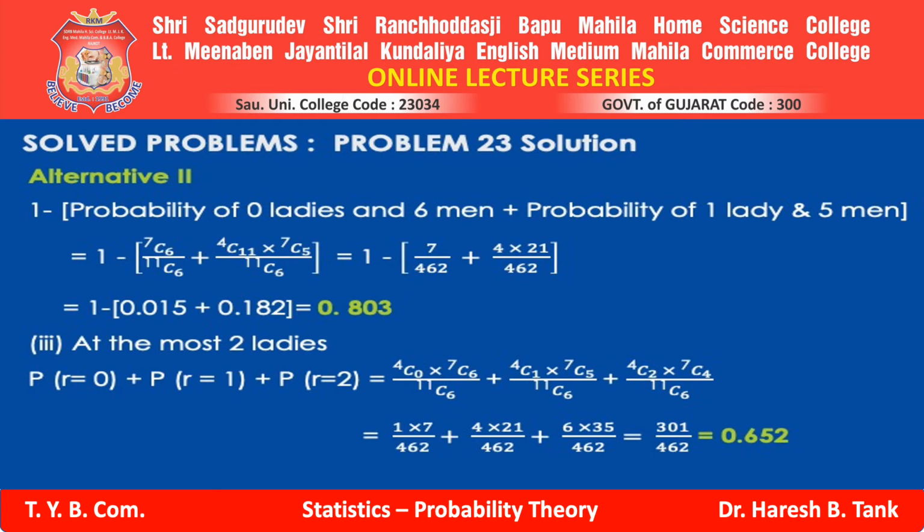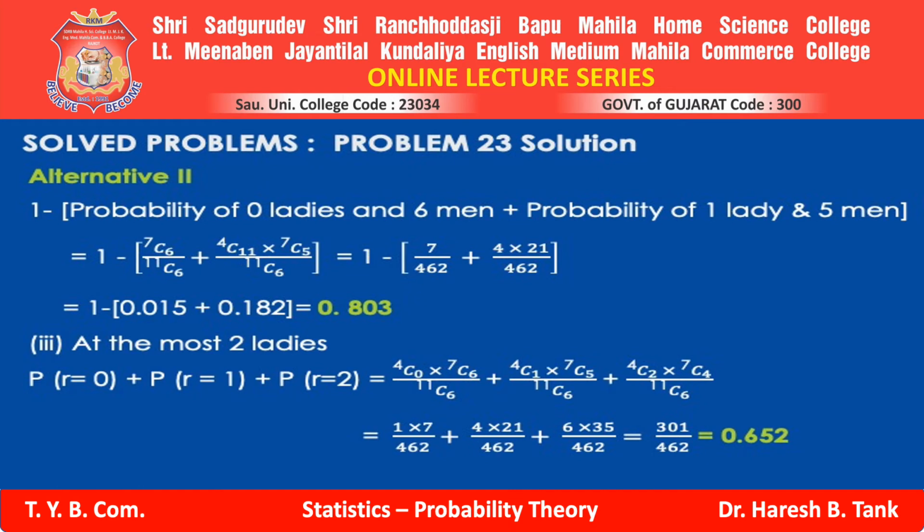Okay. Now the third case is at most two ladies. So the probability of R is 0, R is 1 and R is 2, meaning these are the three different options. These three options can be done as 4C0 multiplied by 7C6 divided by 11C6 plus 4C1 multiplied by 7C5 divided by 11C6 plus 4C2 multiplied by 7C4 divided by 11C6.